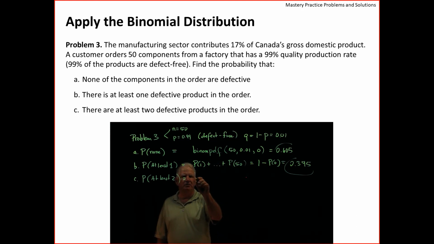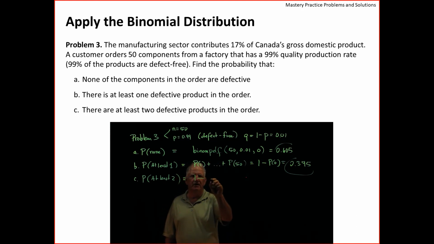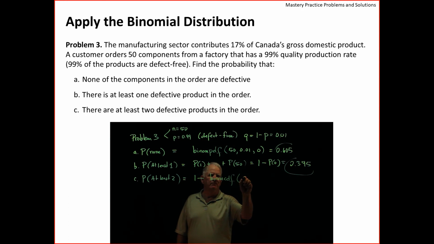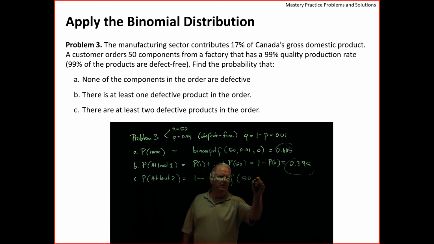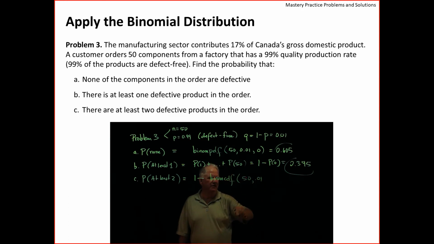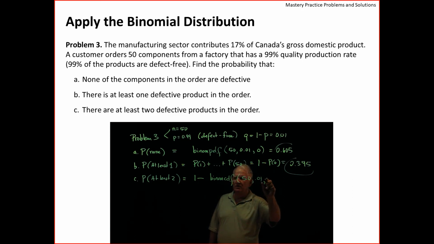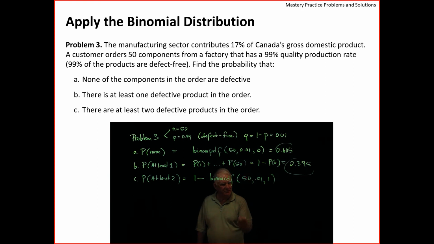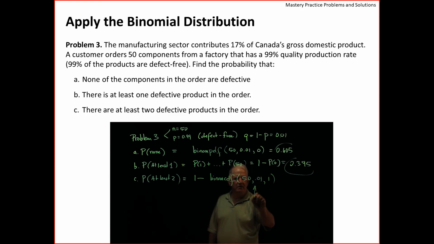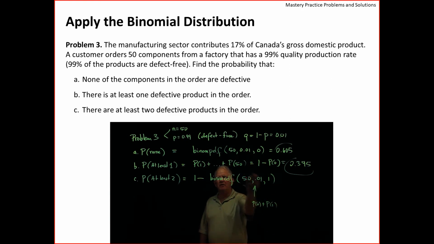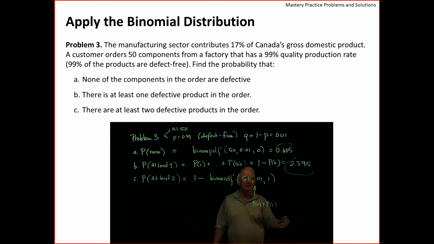Now let's use the binomial CDF, and let's calculate binomial CDF out of a lot of 50 with a defect probability of 0.01. What's the cumulative probability up to 1? That is, this is P0 defects plus P1 defect. If I subtract that total sum probability from 1, that's at least 2.